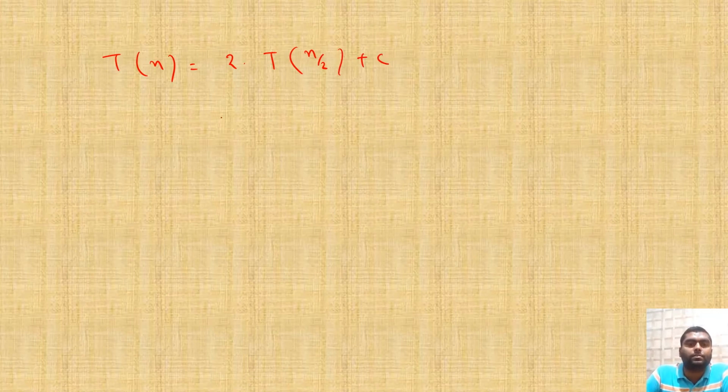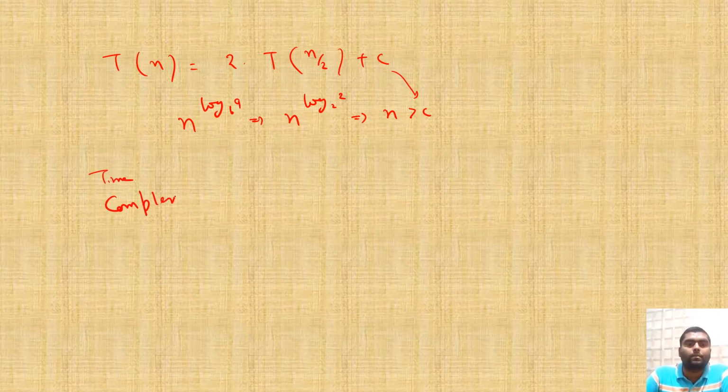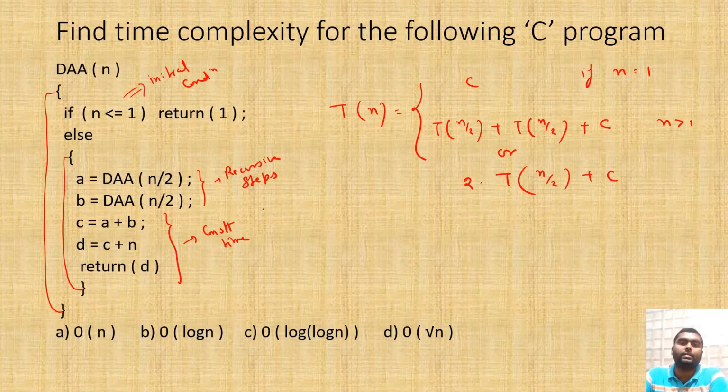I think this is the same as the previous one, 2 times T of n by 2 plus C. By using Master's method, you will get n raised to the power log a base b, which is nothing but n raised to the power log 2 base 2, which is n, which is greater than C. So finally, the time complexity for this is order of n. Okay, so again the time complexity is order of n.